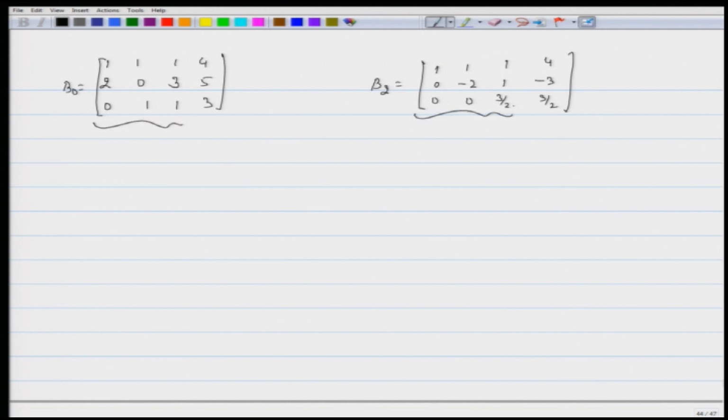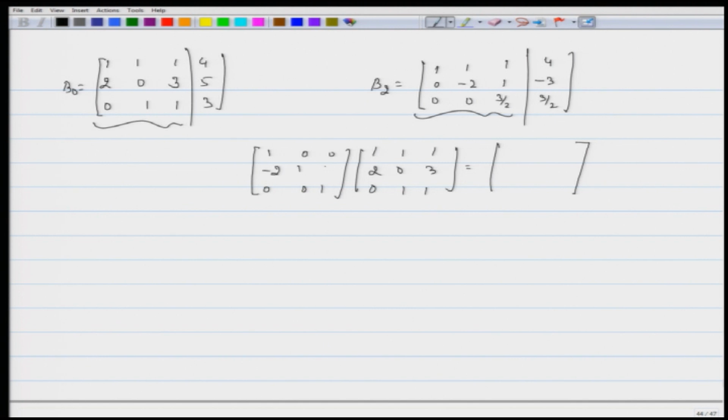I can look at these two together, forget about this part, and therefore, if you see what we had done was, let us go back. So, the first thing we had done was to remove this. So, I had this matrix with me, 1 0 0, 0 0 1, times 1 1 1, 2 0 3, 0 1 1, as something, all right. So, this was minus 2 here and 1 here, 0 here, and that gave me 1 1 1, 0 minus 2 1, 0 1 1.